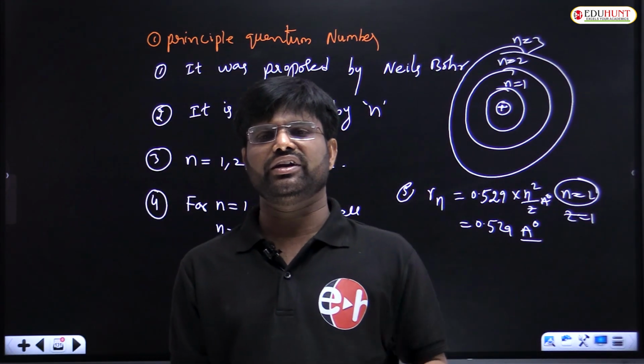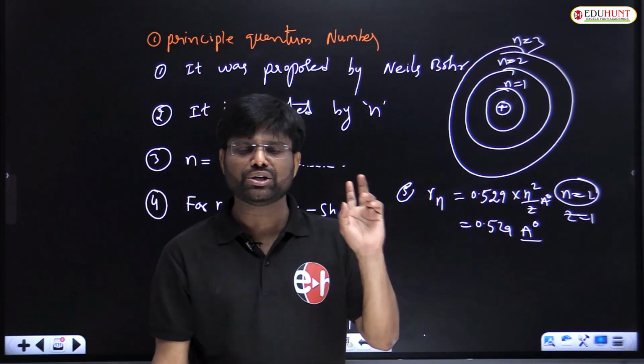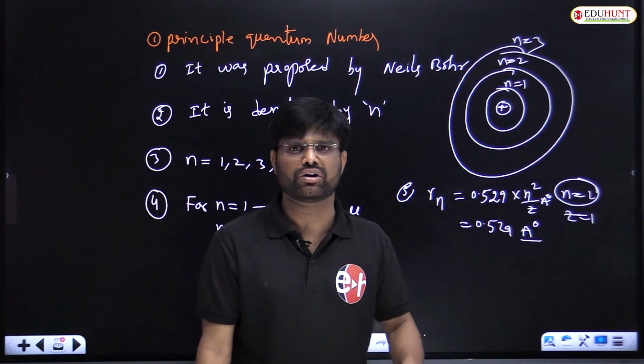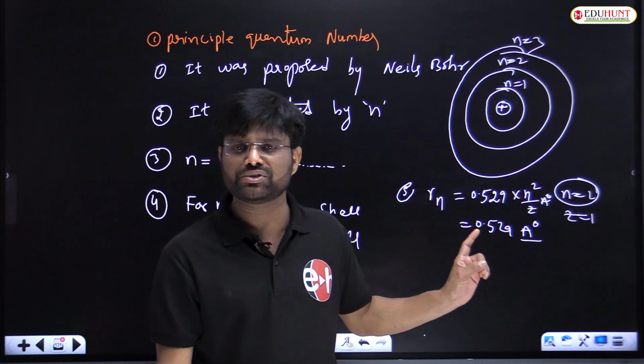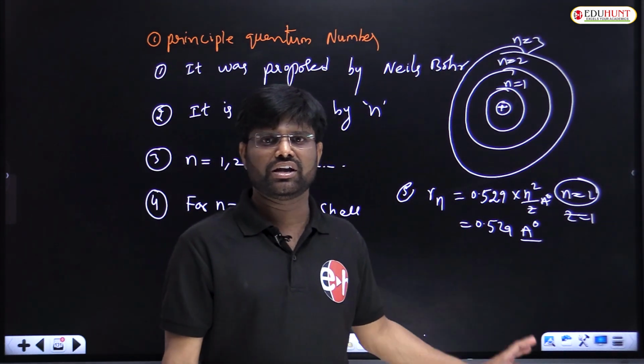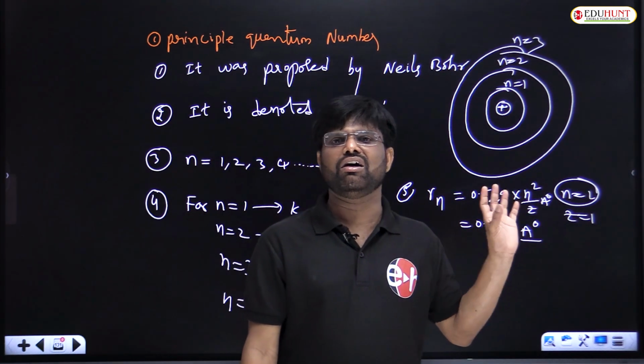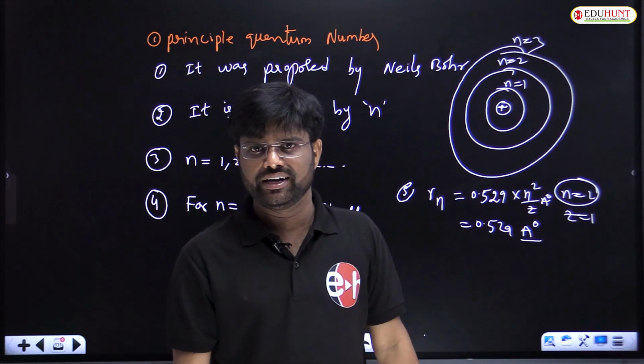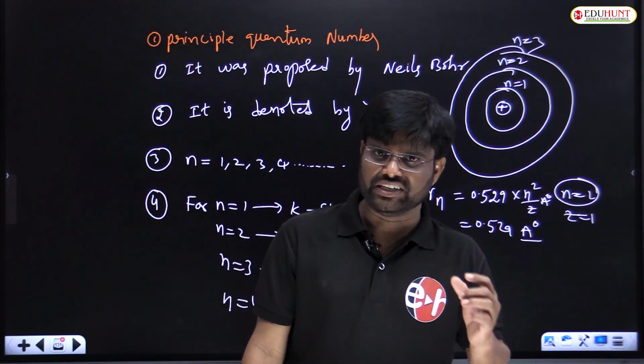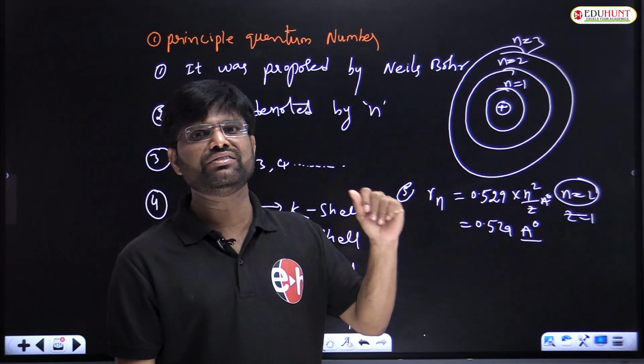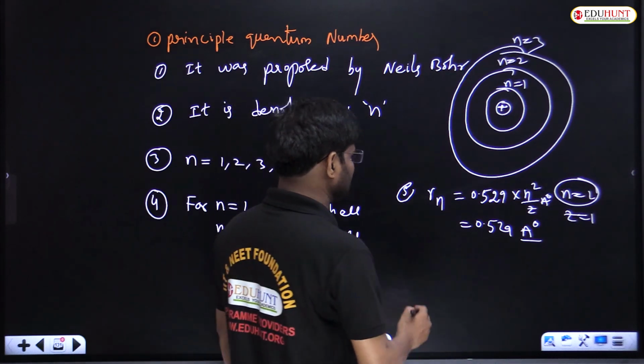Second orbit: 0.529 into 2 square, 0.529 into 4, gives 2.116 angstroms. Like that you can find the radius or size of the orbit.